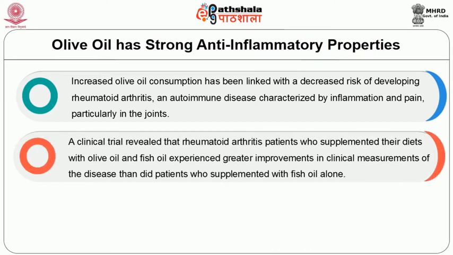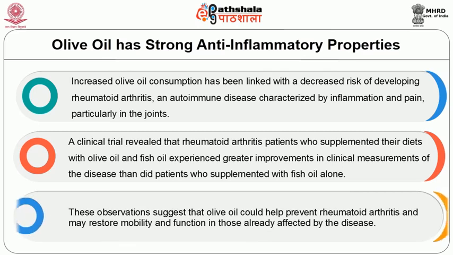A clinical trial revealed that rheumatoid arthritis patients who supplemented their diets with olive oil and fish oil experienced greater improvements in clinical measurements of the disease than did patients who supplemented with fish oil alone.